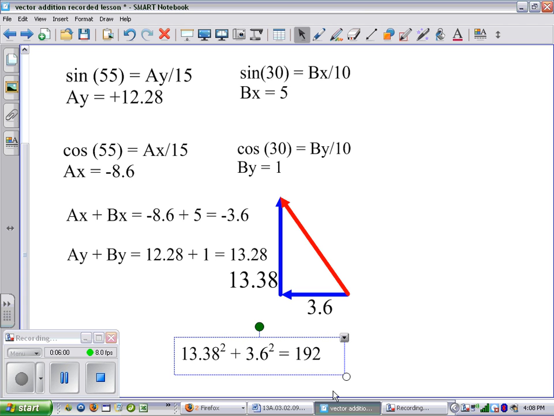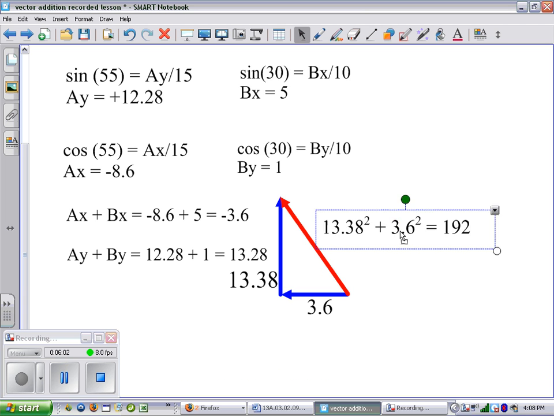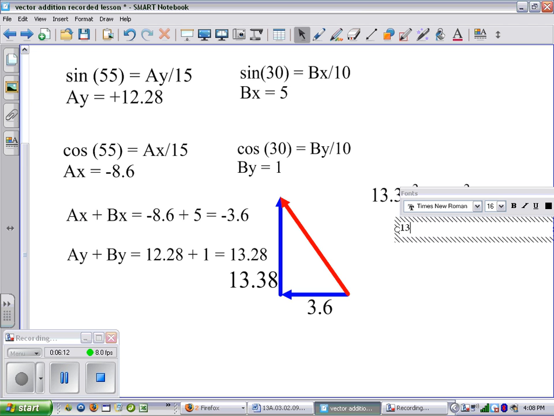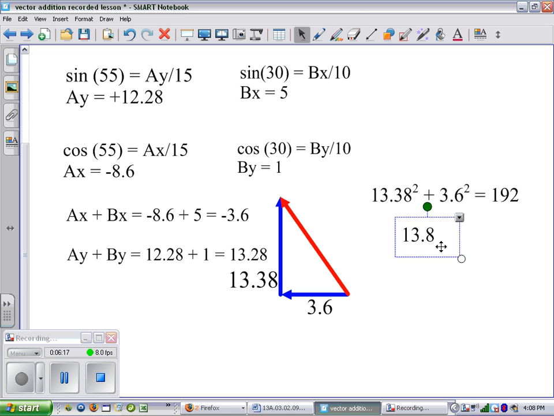Make that large enough so you can see it. And of course, to find the hypotenuse, we have to take the square root of that, and the square root is equal to 13.8. So our hypotenuse is 13.8.